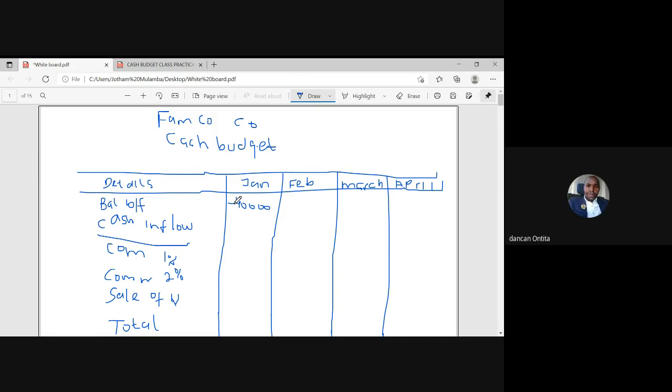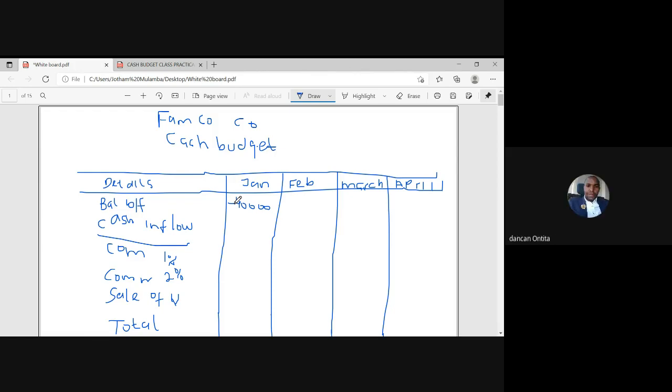In January, how many properties did we sell? 10.